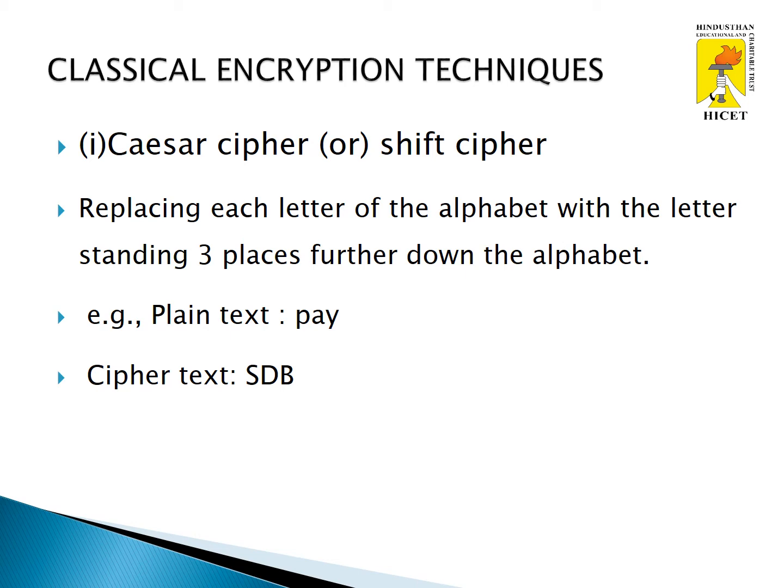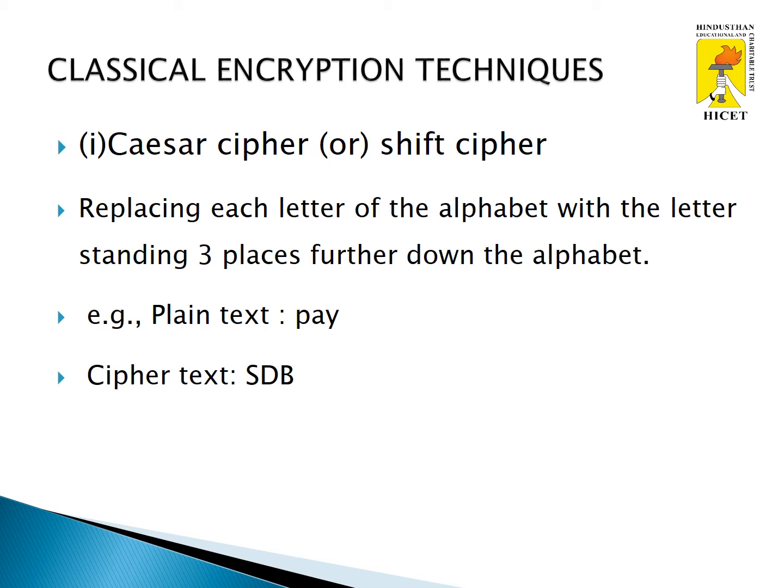For example, plain text is PAY and ciphertext is SDB. So here we are going to convert plain text into ciphertext by using Caesar cipher. Here plain text is PAY and this PAY is converted into SDB.